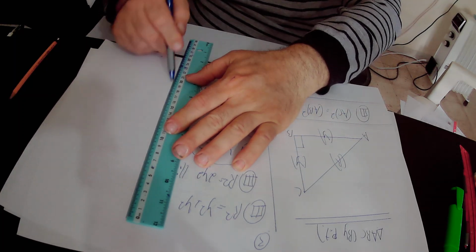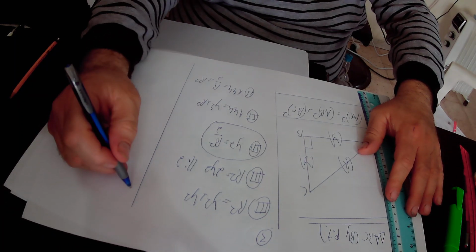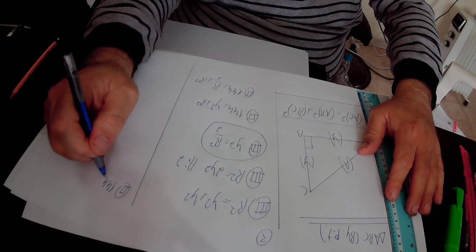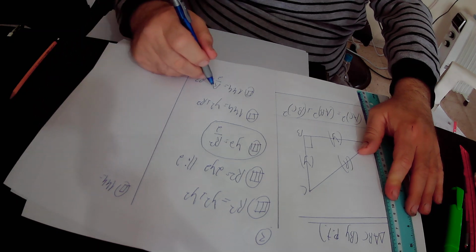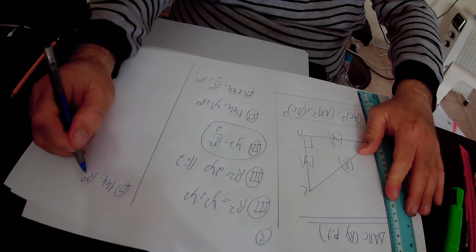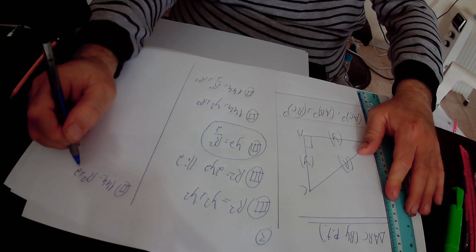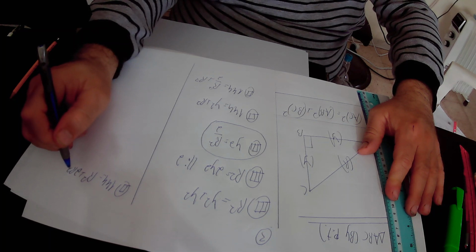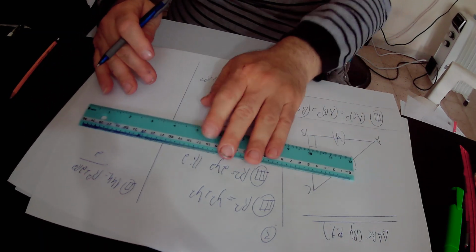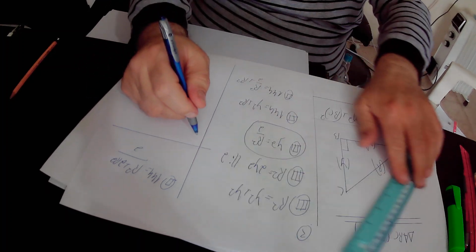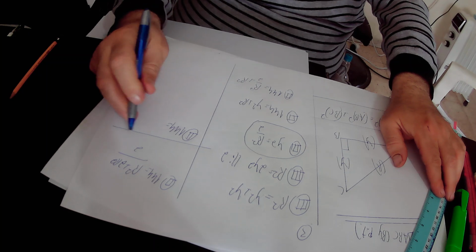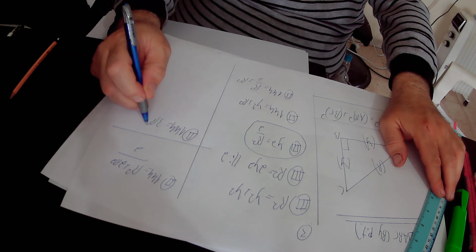In the numerator we'll have R square plus 2R square, because we multiplied R square by 2 divided by 2. So 144 equals R square plus 2R square, that is 3R square over 2.